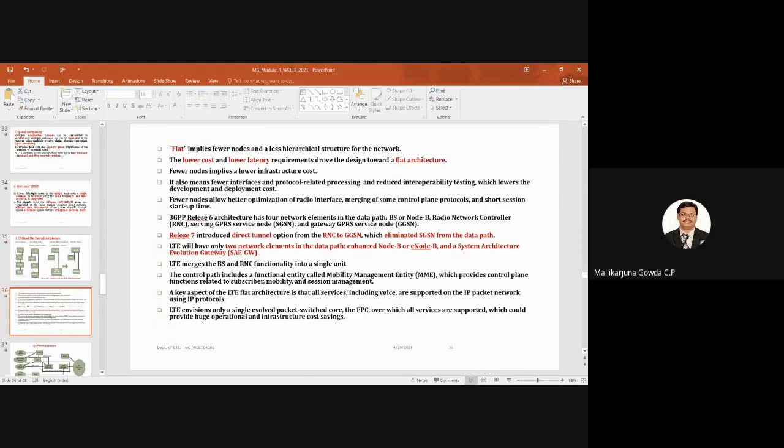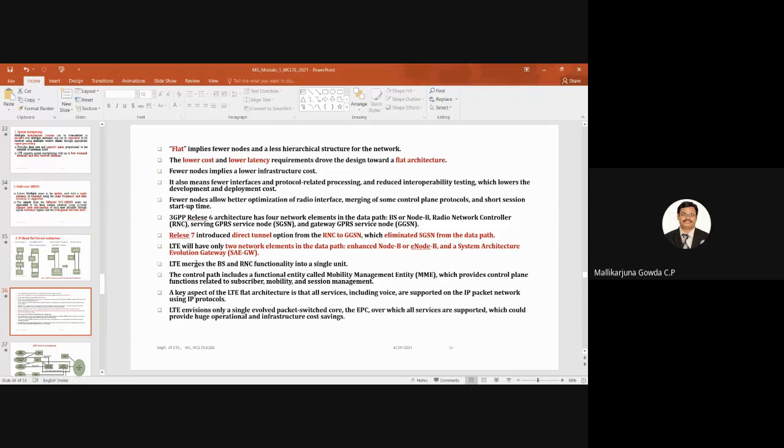LTE will have only 2 network elements in the data path. eNode B means enhanced Node B, in short we call it eNode B. And SAE means system architecture evolution, so system architecture evolution gateway, SAE GW, gateway means.